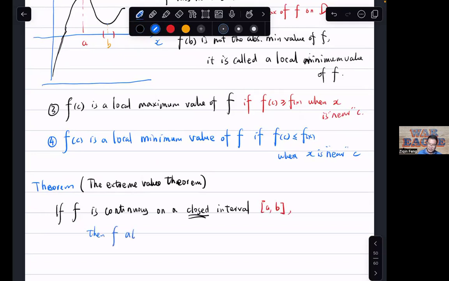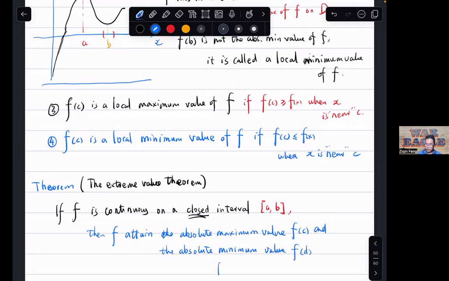then f attains the absolute maximum value, which we call f of c, and the absolute minimum value, which we call f of d, for some c and d inside our closed and bounded interval.